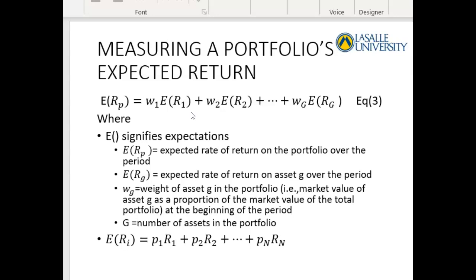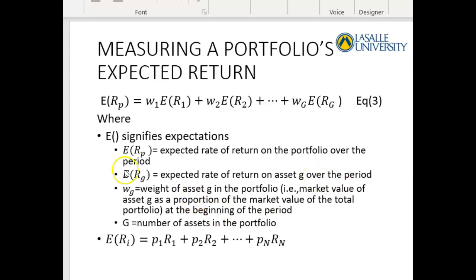This is what we are anticipating, or what we are expecting. The E of RP is generally called the expected rate of return of the portfolio, but sometimes it's also called the ex ante, or the expected portfolio return for the specific period of time.